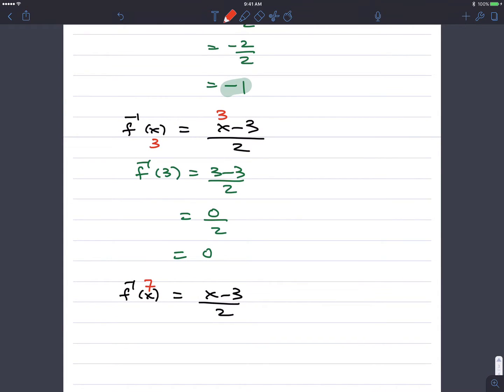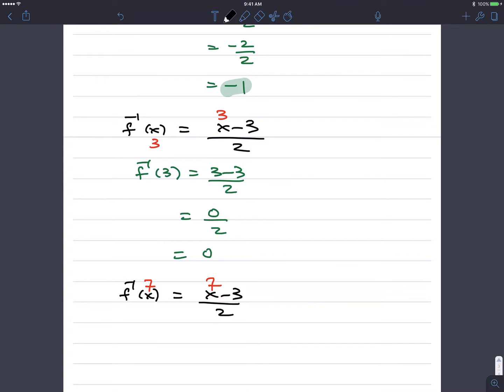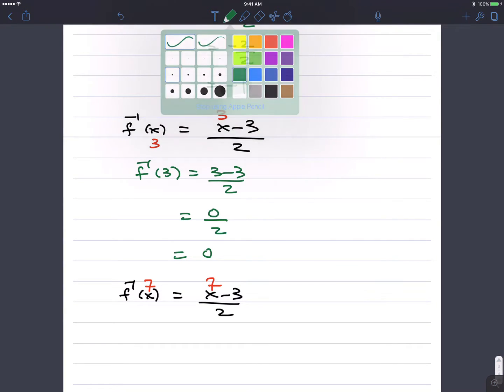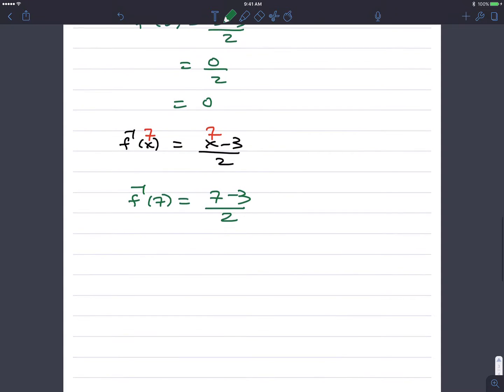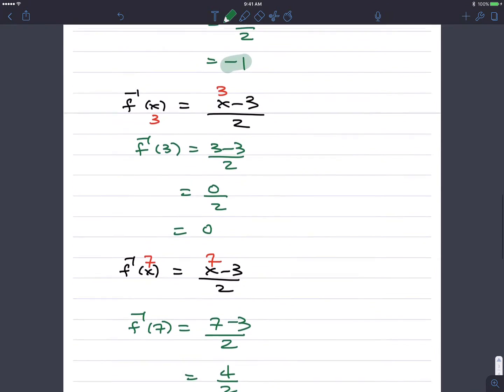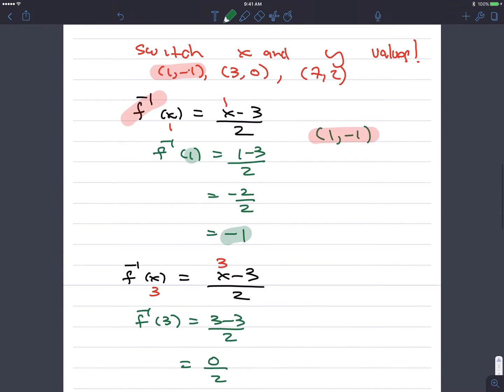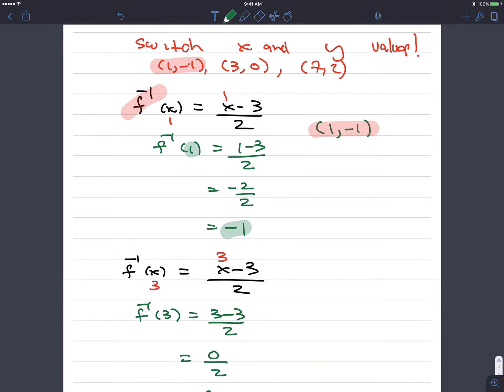So we're going to end up with f inverse of 7 is (7 - 3)/2. What's 7 minus 3? 4 divided by 2. Does that give you a 2? Sure enough, this is working in reverse, isn't it? Okay? So that's working in reverse.